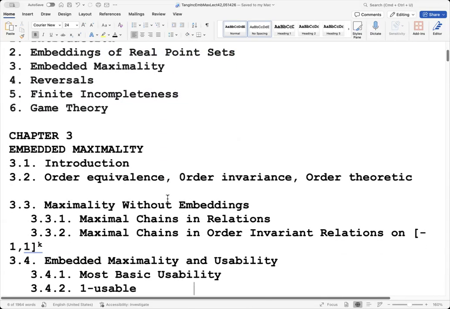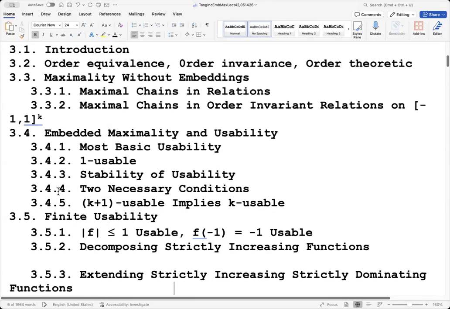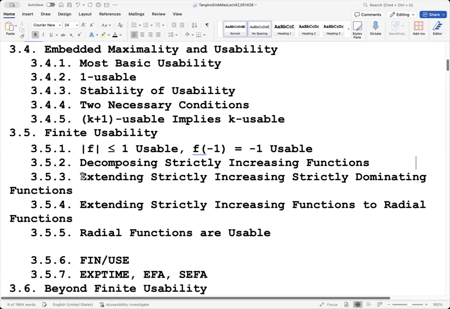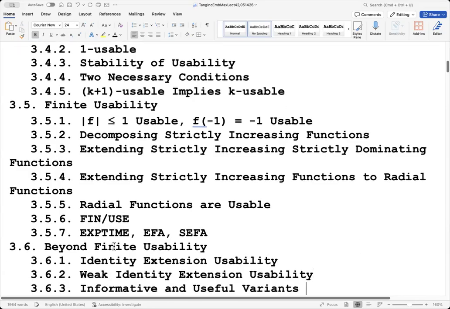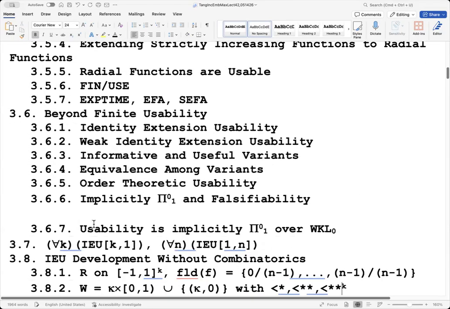All right. So with embedded maximality, we really have nothing new, except I'll just point out whether I did anything much so far. Nothing is new. I don't think I did any.